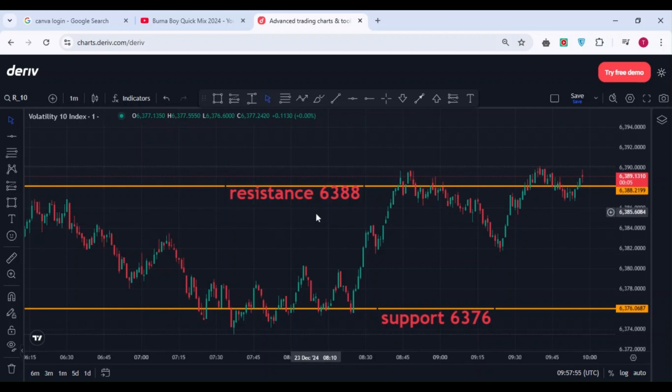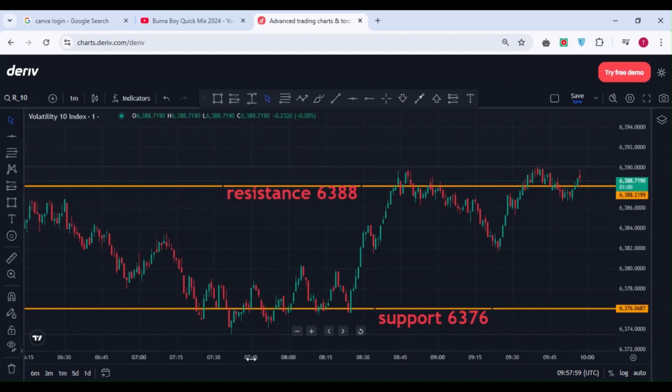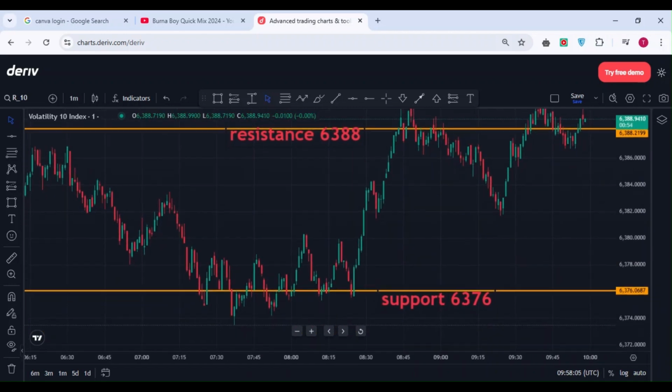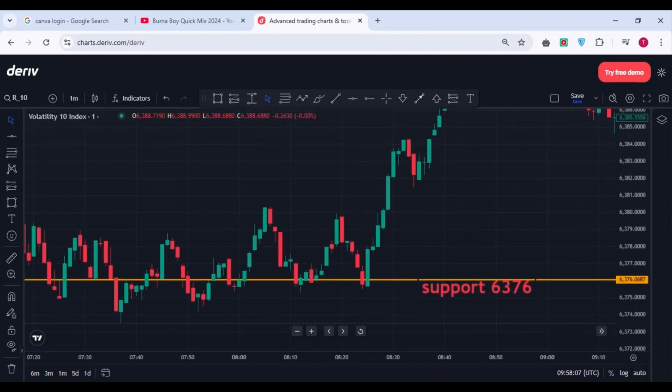So the next thing, looking at the time frame, this is 7:45. This is 8 a.m. Looking at this point here, what do you see? According to me, at around 8 a.m., there was a morning star pattern, and it can be seen very near this support level, indicating there was a reversal towards the upside.